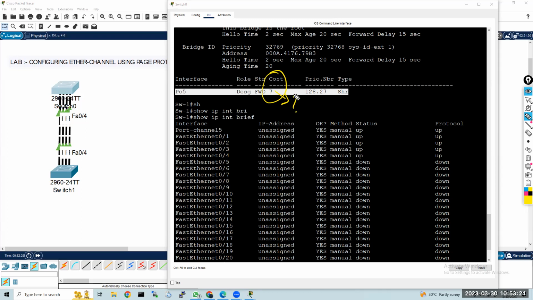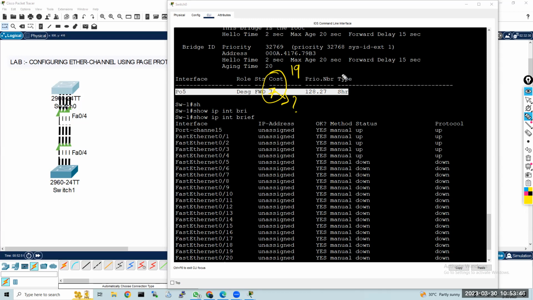This is the cost, right? Previously it was showing 19. Now it is showing 7, because the lower the cost, the better the speed. Got it? Good.